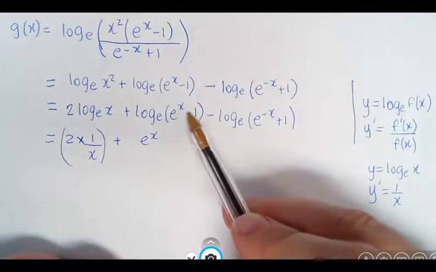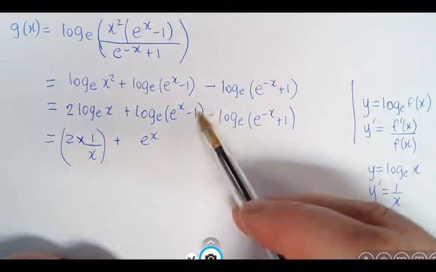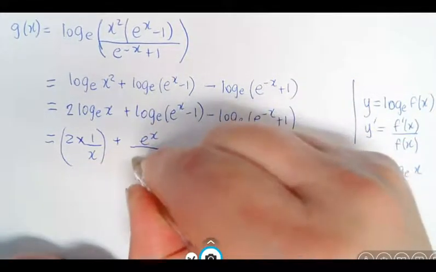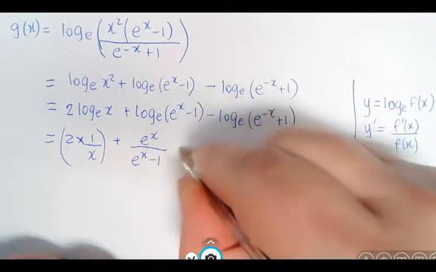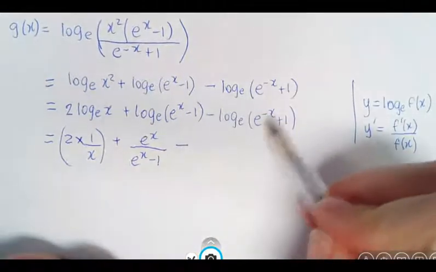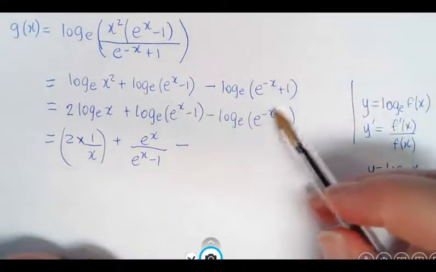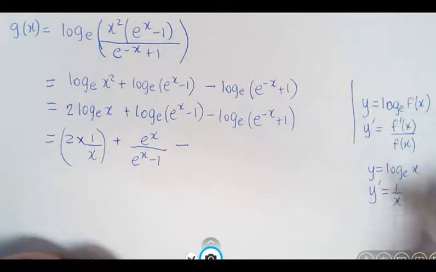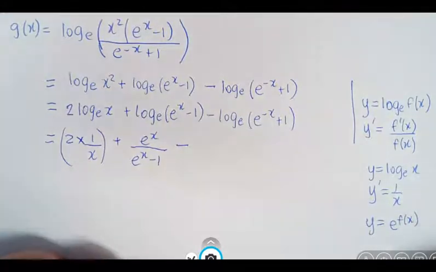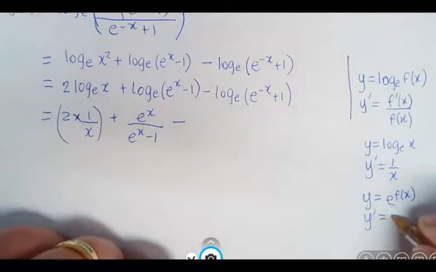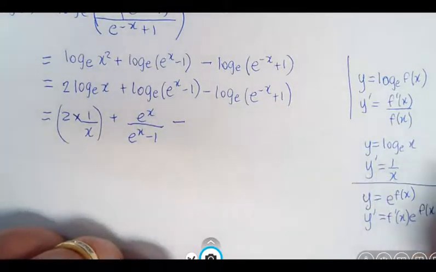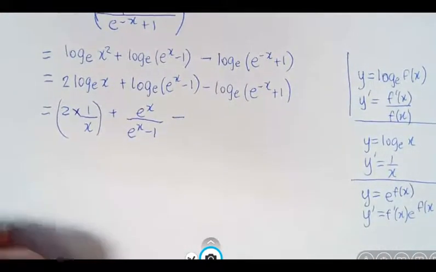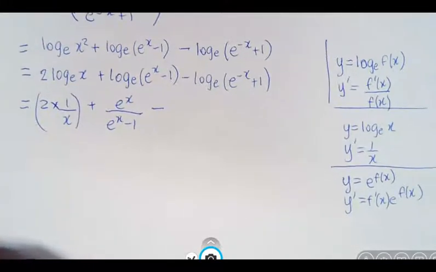When you differentiate negative 1, you get 0, over the function e to the x minus 1, minus, now the derivative of e to the power of negative x. We know that if y equals e to the function of x, the derivative of that is f dashed x times e to the function of x. So remembering you need to use all these rules, I would have my formula sheet in front of me.